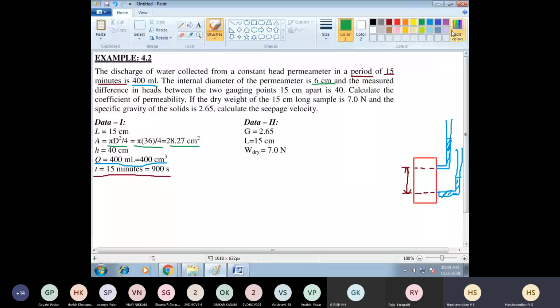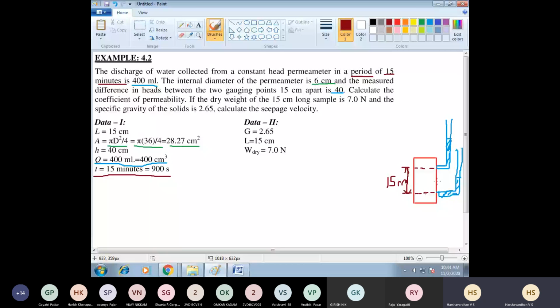Next, the measured difference in head between two gauging points, which are 15 centimeters apart, is 40 centimeter. So there are two gauging points, 15 centimeters apart. We are measuring the head between 2 points.